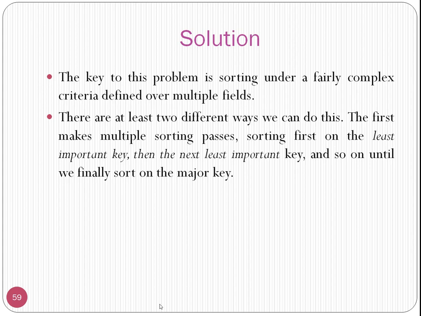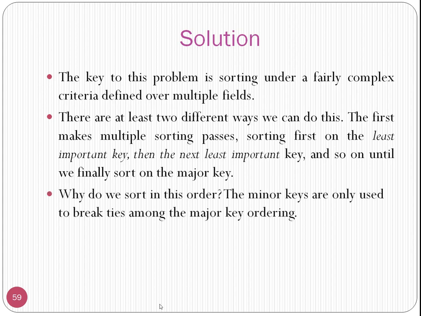Means when you are doing the sorting for this problem, the first thing you need to do is sort on the least important aspect of the problem, then the next least important keys, and so on until we reach the most important key of this algorithm to represent the sort.